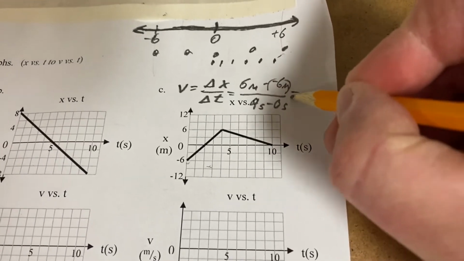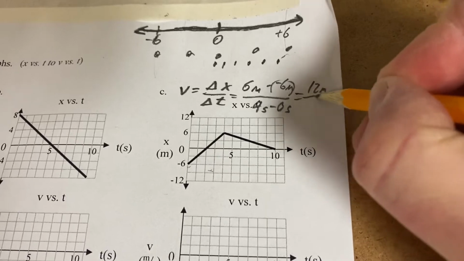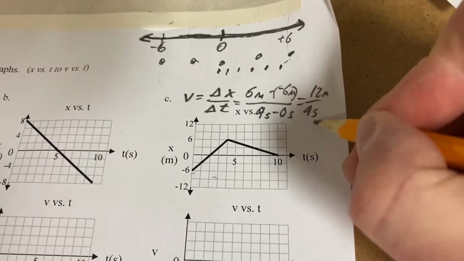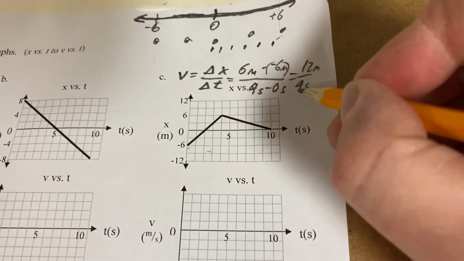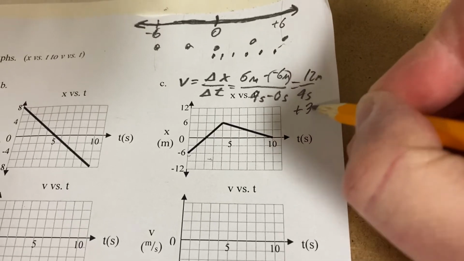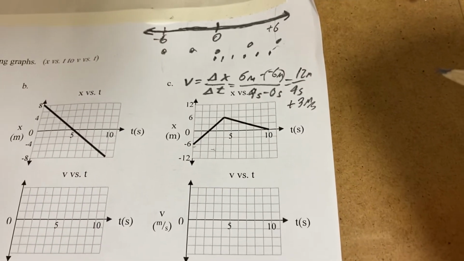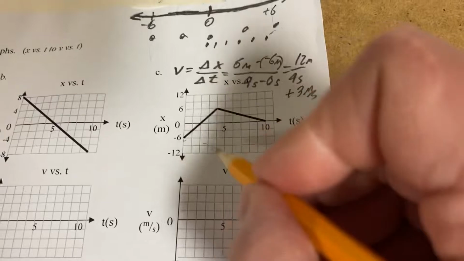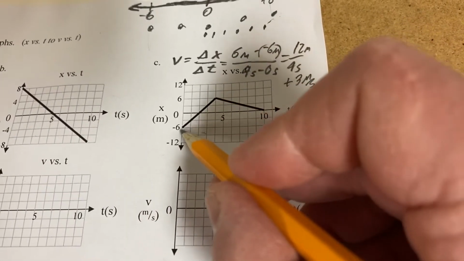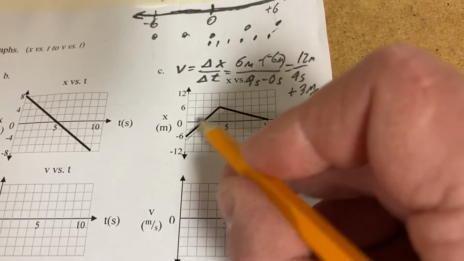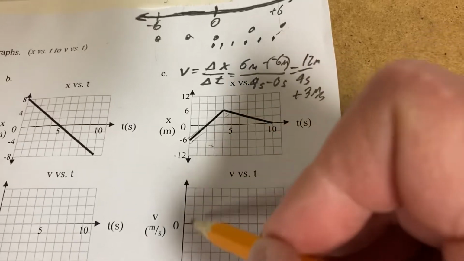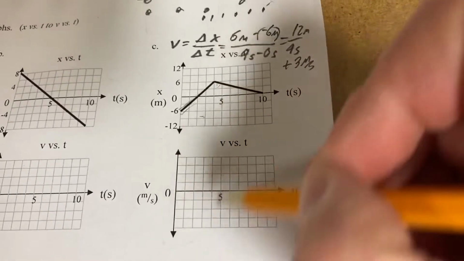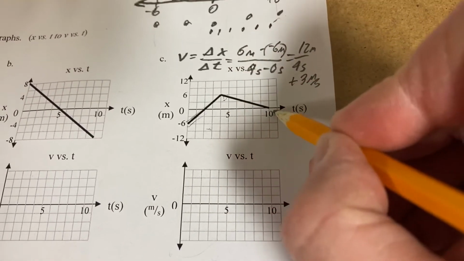So if we divide 12 meters by 4 seconds, we get 3 meters per second, +3 meters per second. All right. So what we're going to do is this part here is going to have a speed of 3 meters per second. But before we set up our axes, let's find the other slope here.